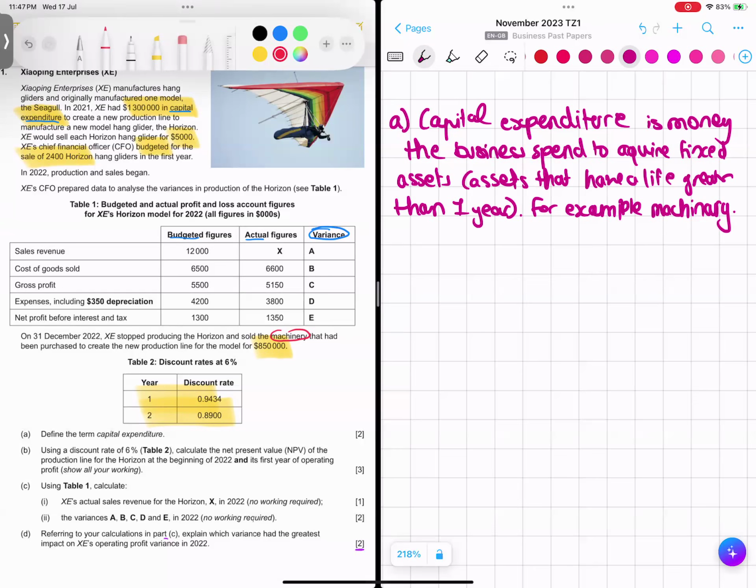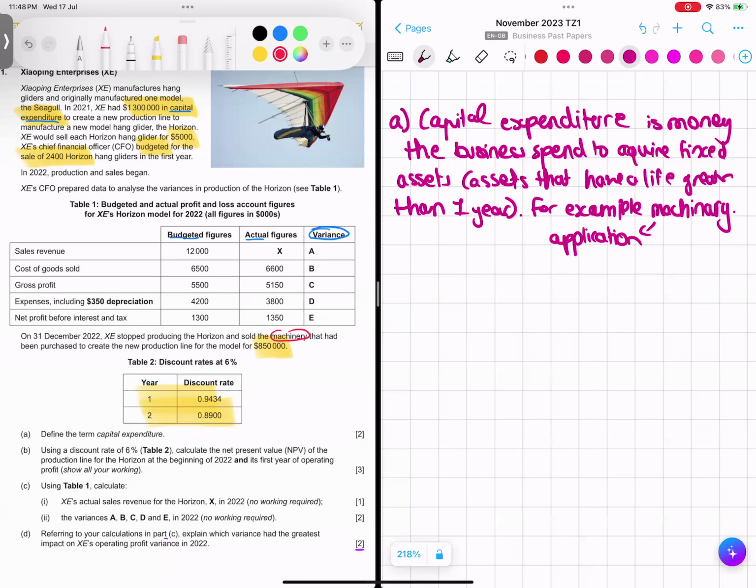However, if you explain what fixed assets are, what they mean to the business, and give machinery as an example, you apply what capital expenditure is. So you truly show them that you completely understand, and you convey your knowledge and your understanding in that way.